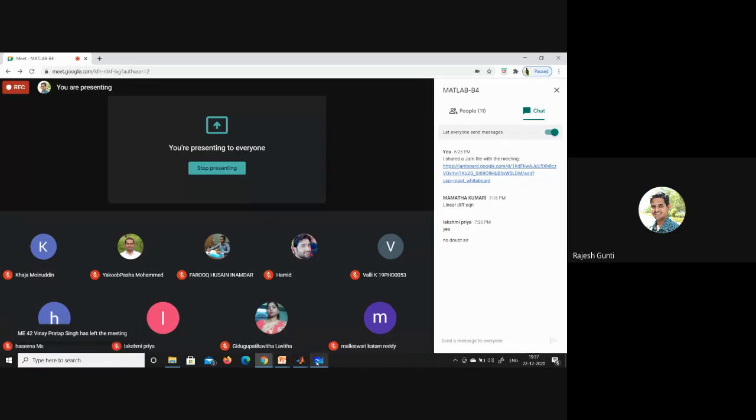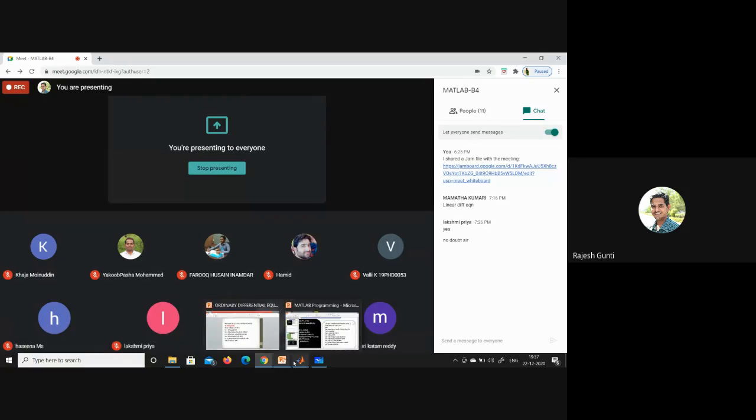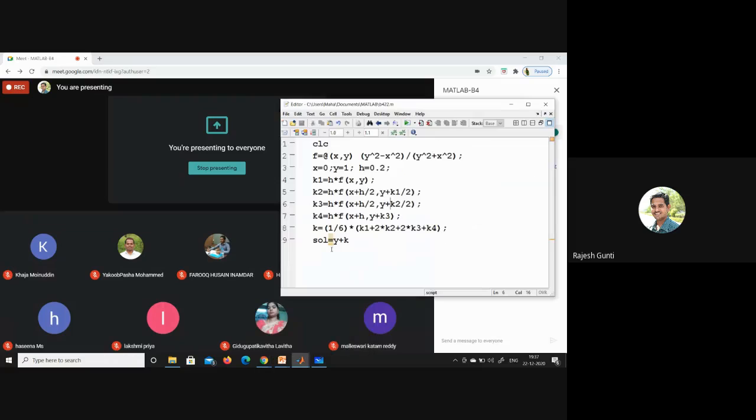Now this is my solution value, y plus k. Y value at 1 point. Am I correct or not?